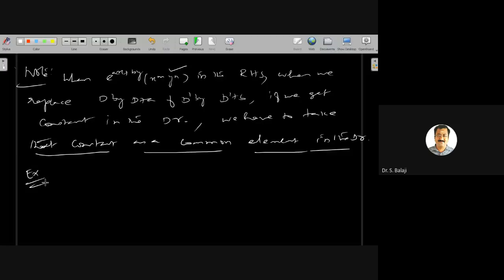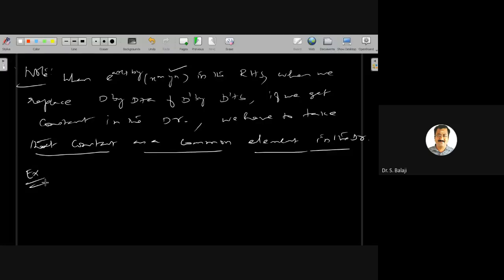Therefore, you cannot stop the series. So if you want to stop the series, you have to take the constant as a common element. Then only you can easily stop the series. Otherwise it goes up to infinity. That will be the idea, when we have right-hand side x power m, y power n with the exponential.